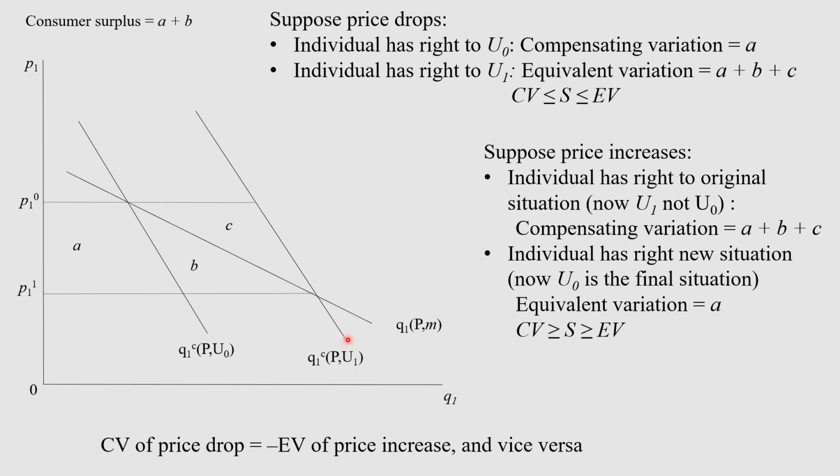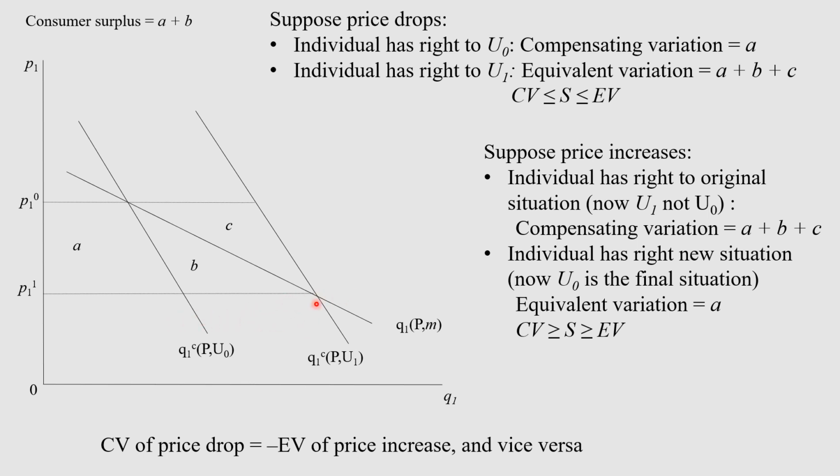On the other hand, we have two compensated demand functions or Hicksian demand functions, one based on utility level U0 and the other on the indifference curve, which we denoted U1. So as price changes, you move along one of these demand functions, but if the utility changes, you move the demand function to the right or to the left.